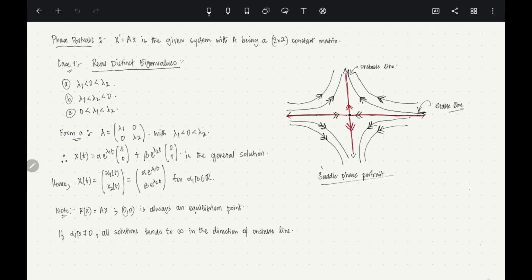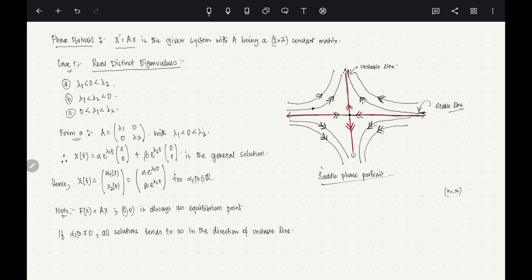Think about it. In this picture, if I'm putting a point here, I want to see the evolution of this point. Our initial condition is this point, let's say x naught, y naught.